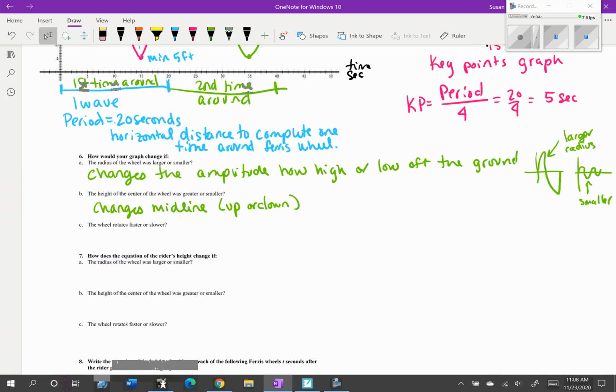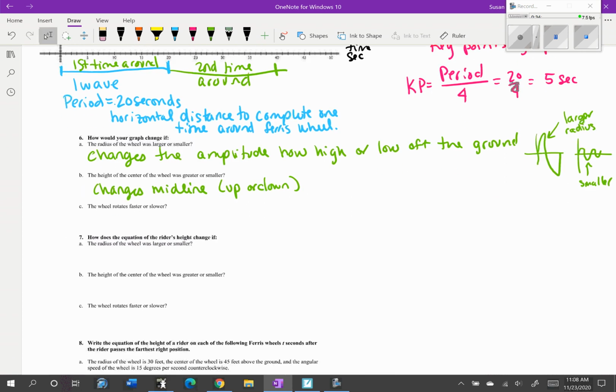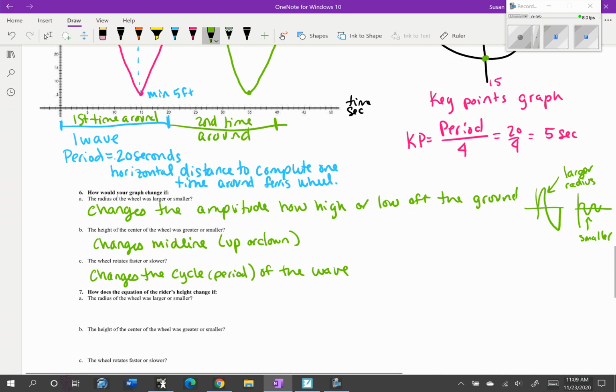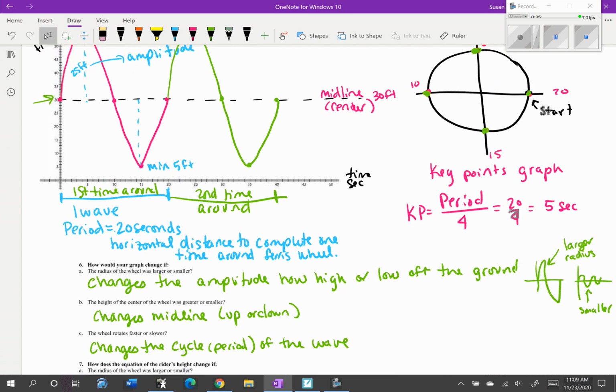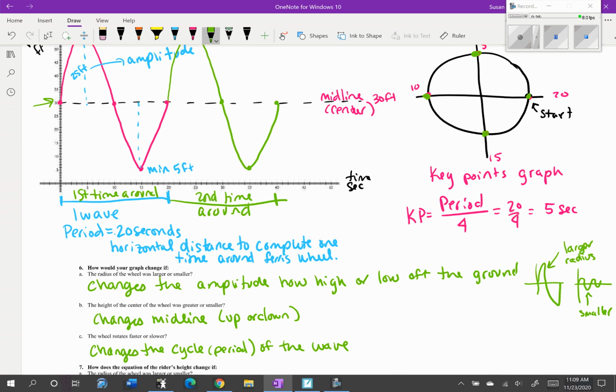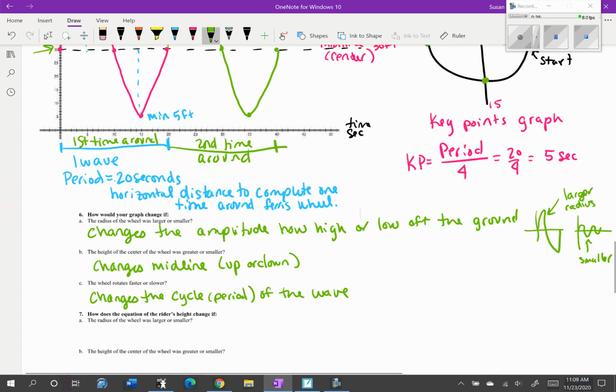If the wheel rotates faster or slower, this changes the cycle or the period of the wave. So if we were to rotate faster, then your wave would complete faster. So instead of 20 seconds, if we were to do it in 15 seconds, then you'd be going faster around the wheel.